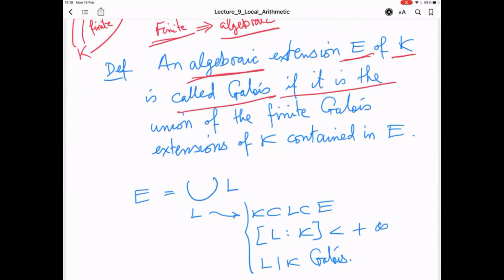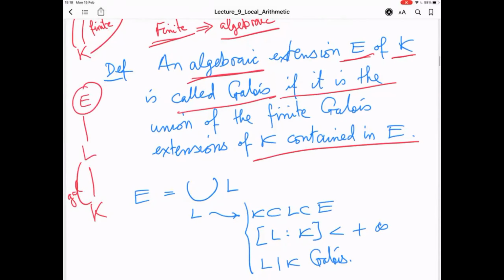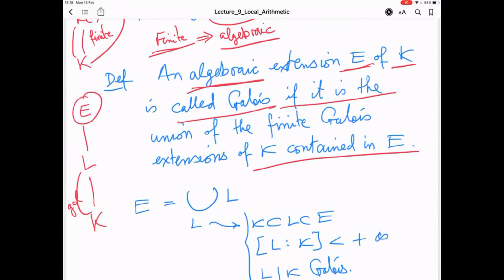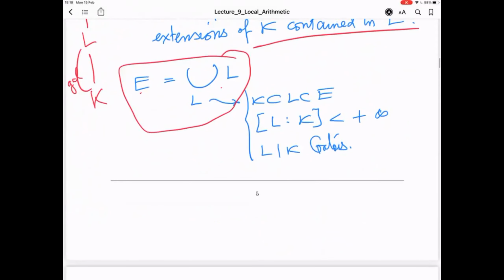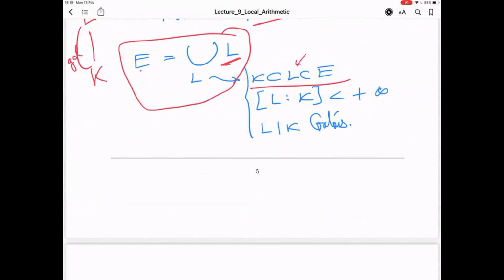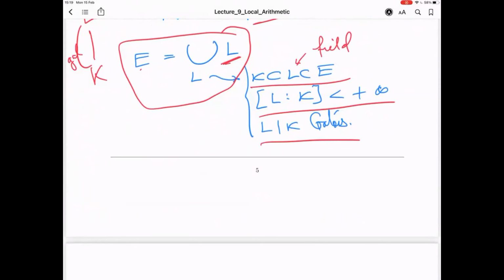It's going to be called Galois if it is the union of finite Galois extensions of K contained in E. So if E is the union of all finite Galois extensions of K in E, then I say that E itself is Galois over K. Another, more symbolic way of saying it: E is the union of all L, where L is a field containing K and contained in E, the degree of L over K is finite, and L over K should be Galois.